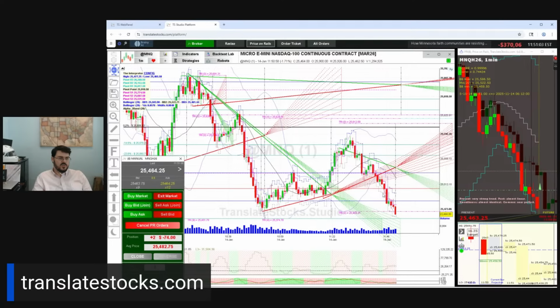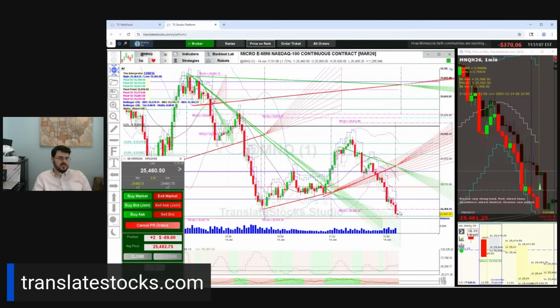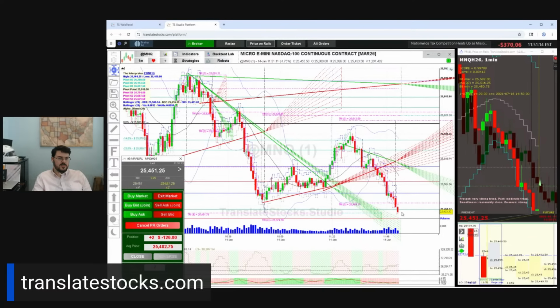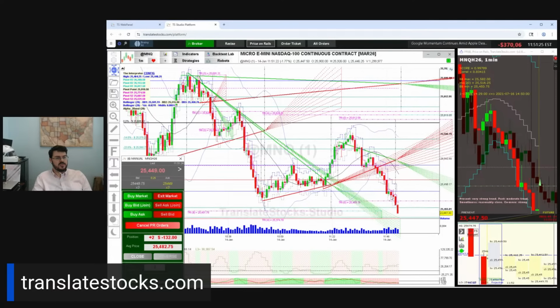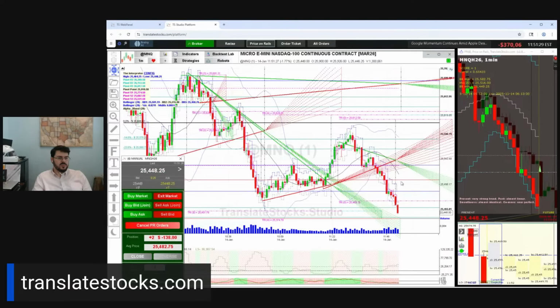Okay, so right, the price came to test the daily lows and now it's creating new lows. We have more supports here. Yeah, I was betting that the price could bounce back from here, from the daily low. It didn't. So this is a high risk trade right now.